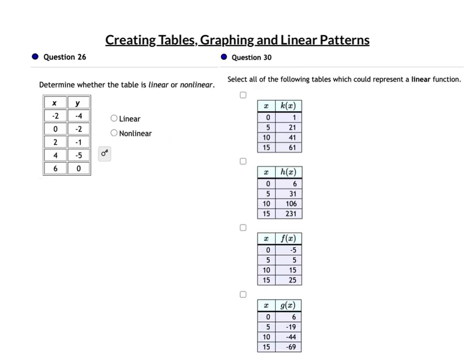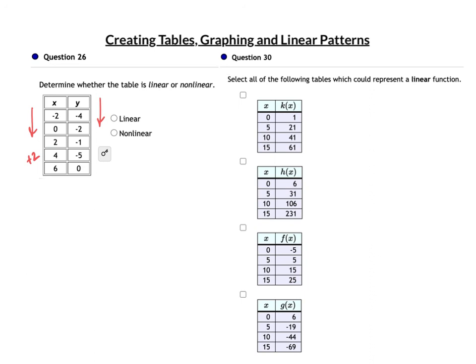Last couple of examples. Look at this table. The question is, is it linear? You don't have to be going up by 1 for it to be linear. You have to be going up by a constant. That's the important thing. When we look at the x side, we are increasing by 2 every time, and that's okay. That means that number in front of the x would be a fraction.